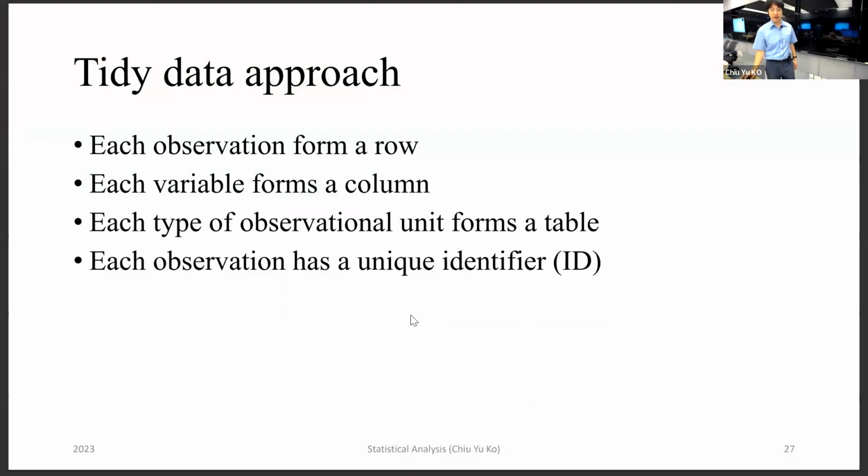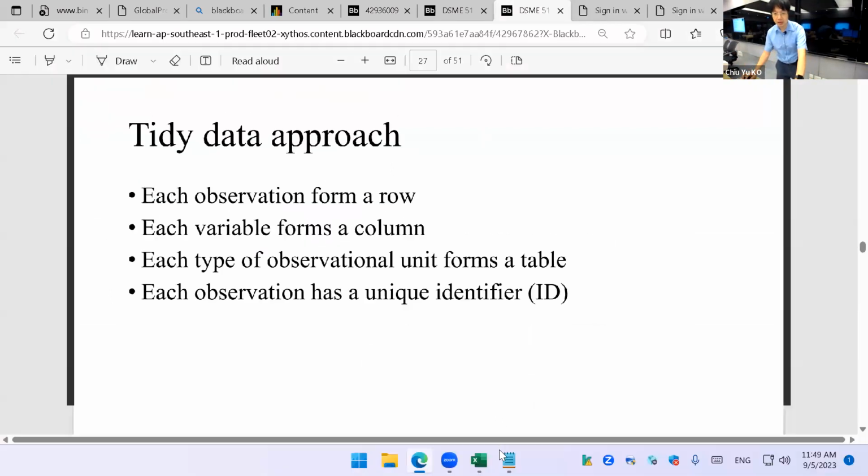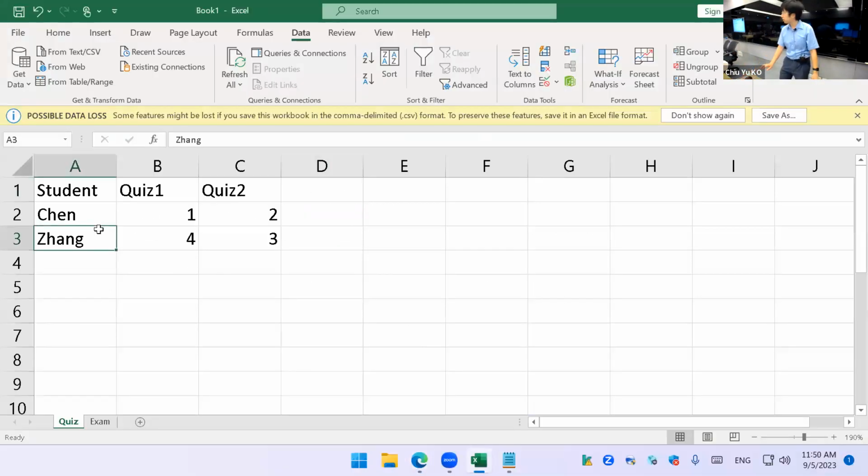The next thing is each observation has a unique ID. Actually, I have that there, but it's not quite there yet because here I just have student. Usually there may be multiple rows per student, so you would use student ID as the first column.